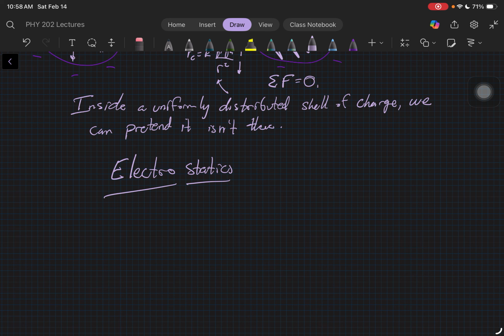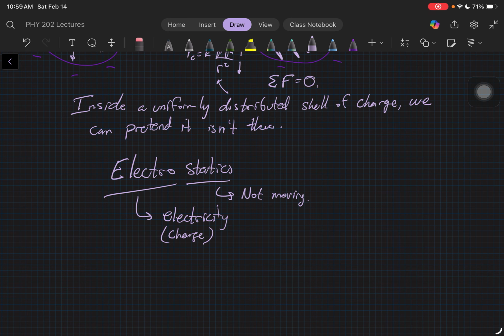And so we're going to break that up real quick. Electricity or charge, statics, not moving. And so for this chunk of this semester, all of our charges are going to be stationary, and we're just going to see what that does.